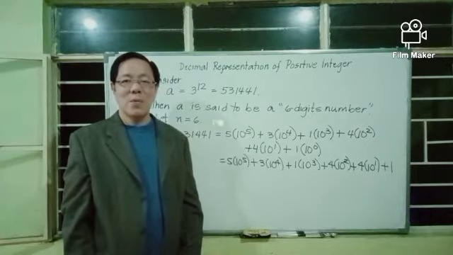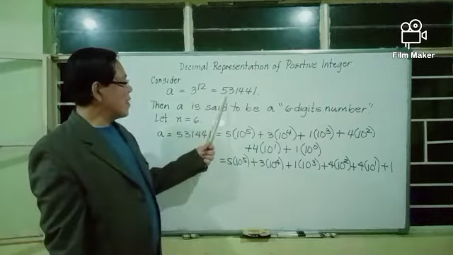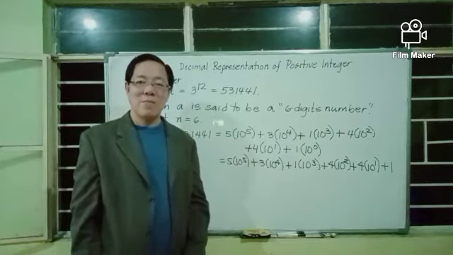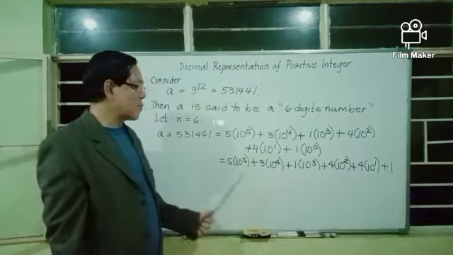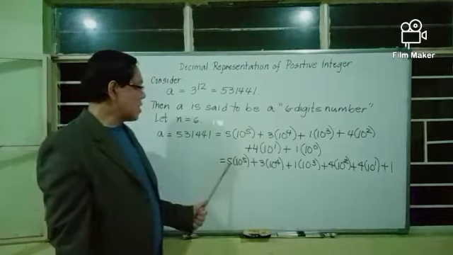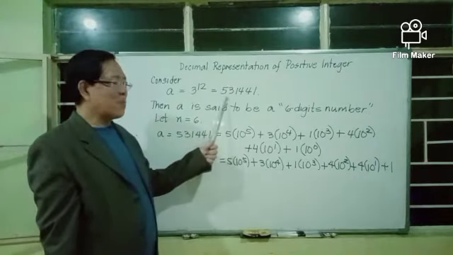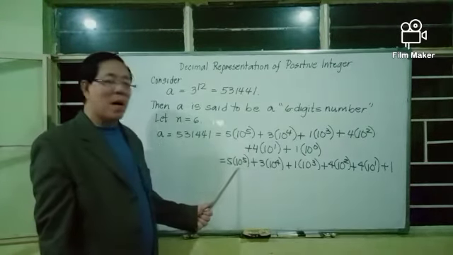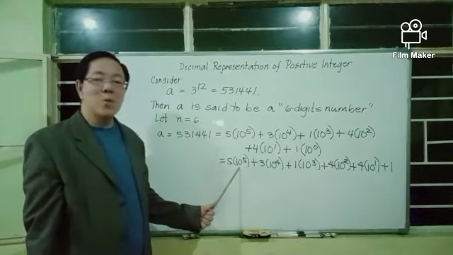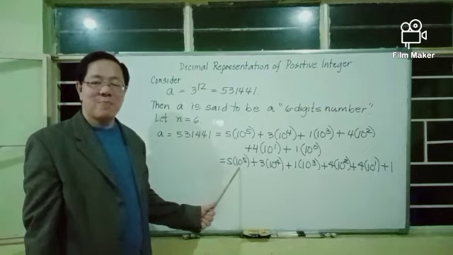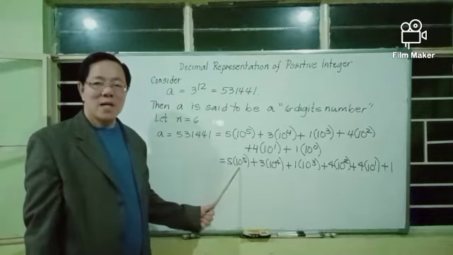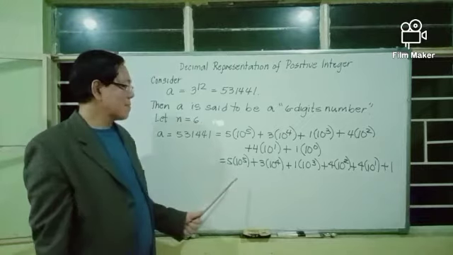That is the reason why this 531,441 is called a decimal representation, because it can be written as a sum of the products of the digits of this number and powers of 10, with a base of 10 raised to some exponent.